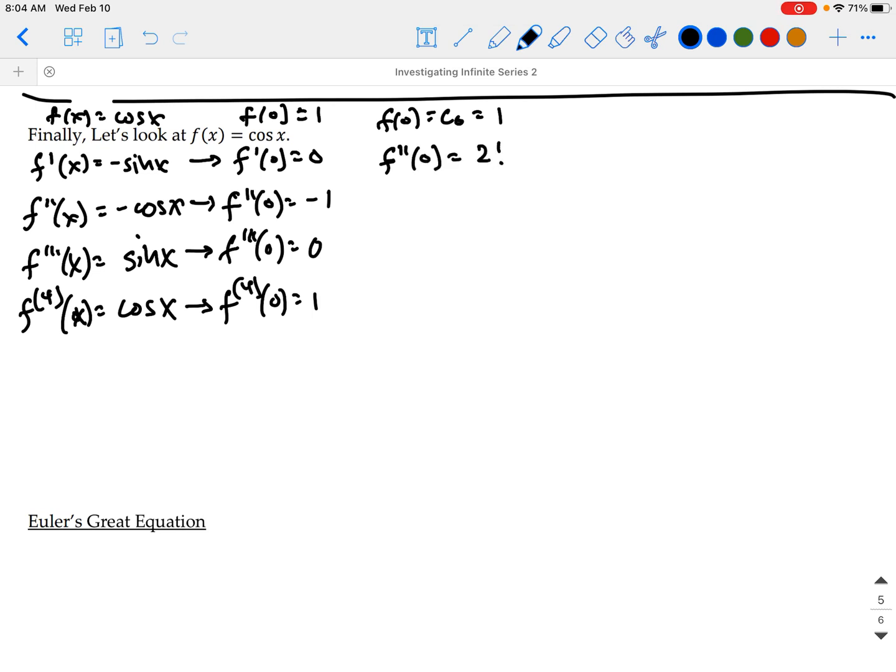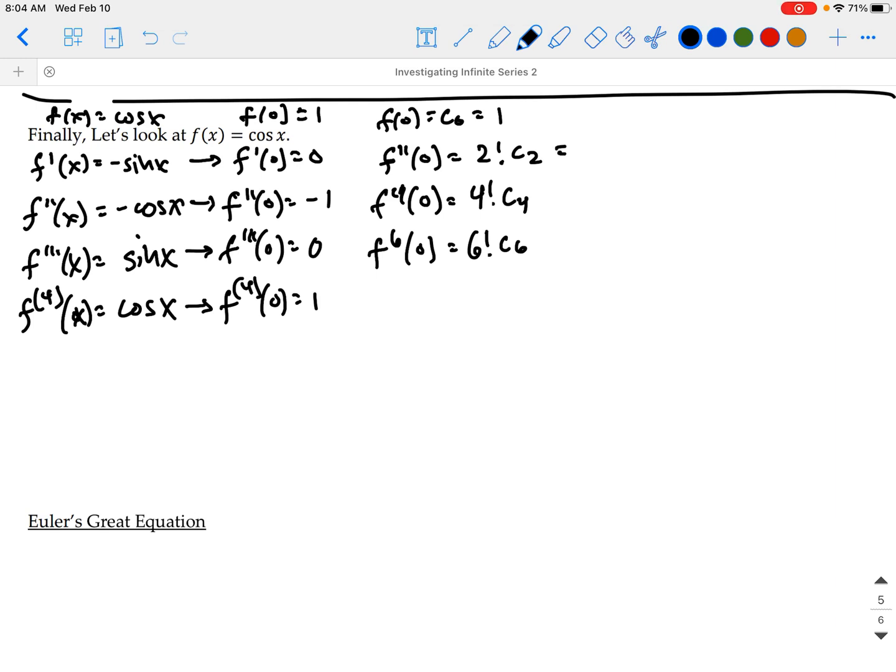So then using our generalization here, we know that c sub 0 is going to equal 1, since that's f of 0. F double prime of 0 is going to be 2 factorial times c sub 2. The fourth derivative is going to be 4 factorial c sub 4. Sixth derivative is going to be 6 factorial c sub 6.